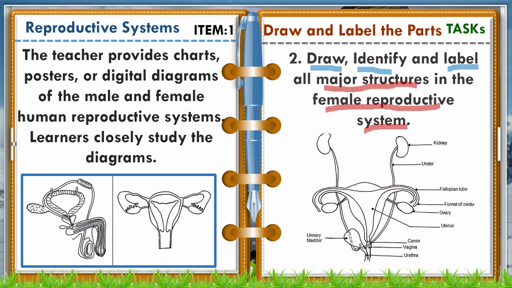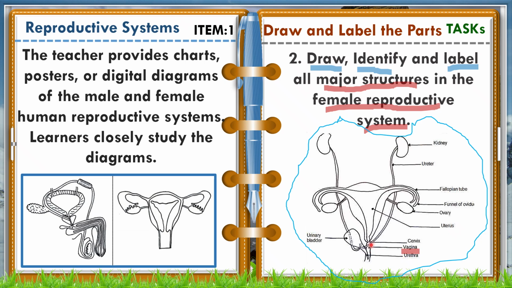Here we have our female reproductive system. The whole of this is our female reproductive system. We shall start from the outside, the opening. We start with the vagina, which is the opening outside here.